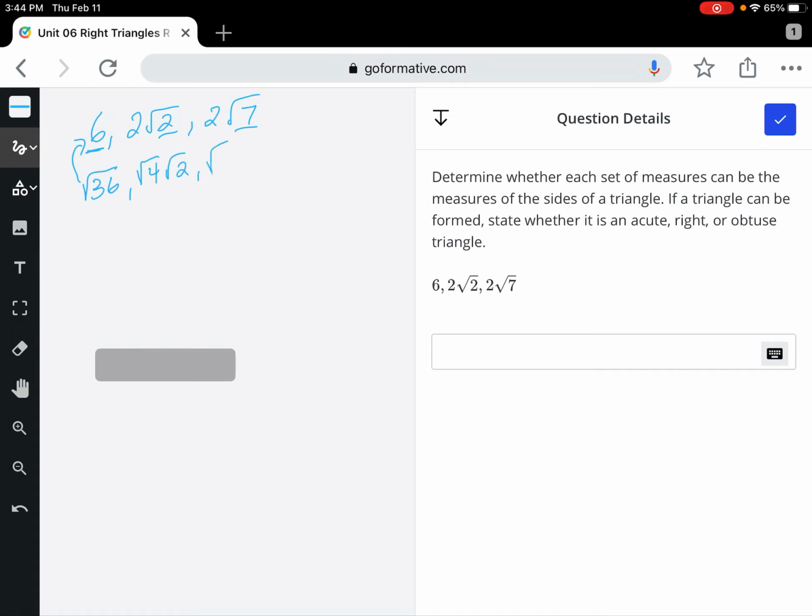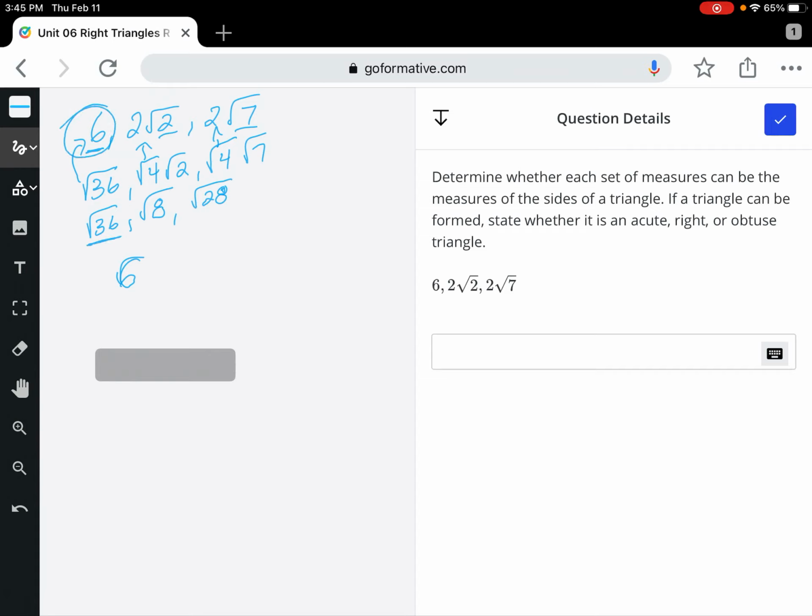For my 2, I am going to change that to a radical 4, and then I have my radical 2 here. This is going to also be radical 4, because that's the same thing as 2. And then I have my radical 7. Now I can compare just to make sure which one's the largest side. So I have 36. This is going to be radical 8, and this is going to be radical 28 as I multiply.